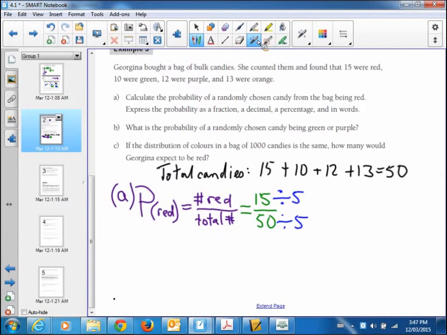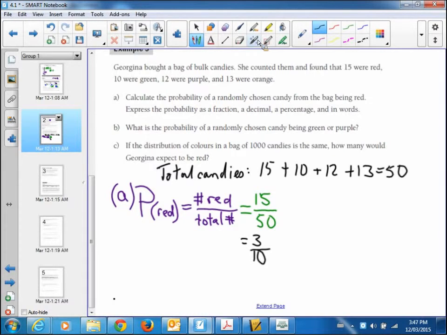So the lowest fraction answer is going to be 15 divided by 5, it's 3, and 50 divided by 5, 10. So 3/10. So we were supposed to calculate it as a fraction. Now a decimal.